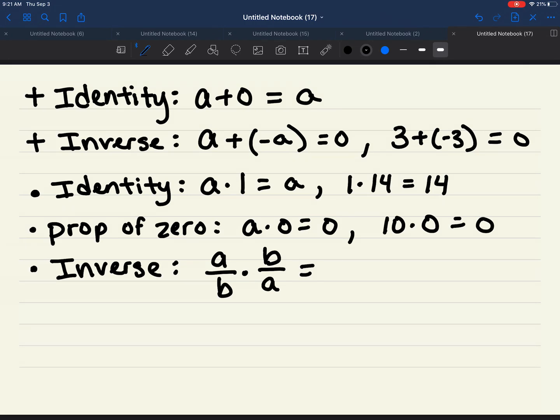It would always give you 1. Same thing if you had 4/5 times 5/4. We know 4 times 5 is 20, so it'll give you 20 over 20, which is equal to 1.